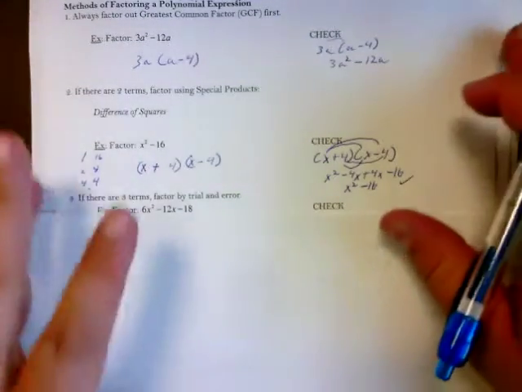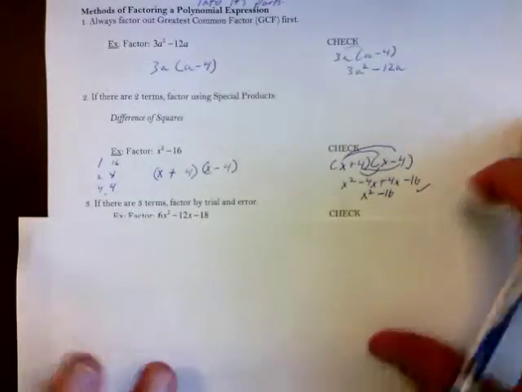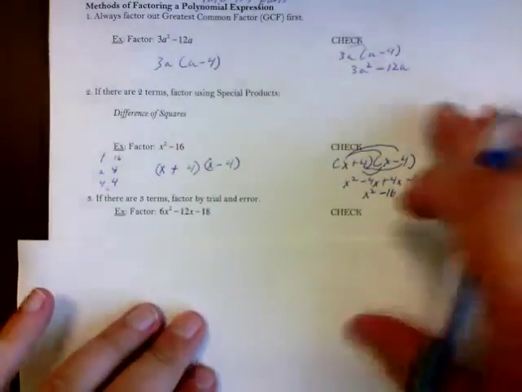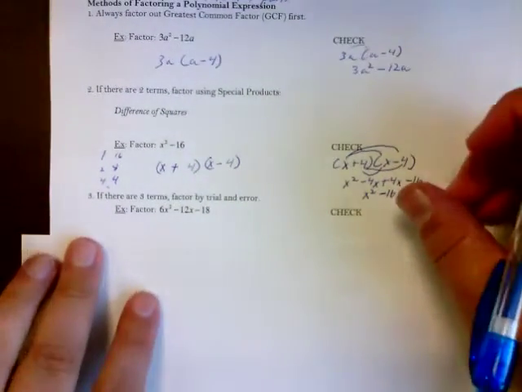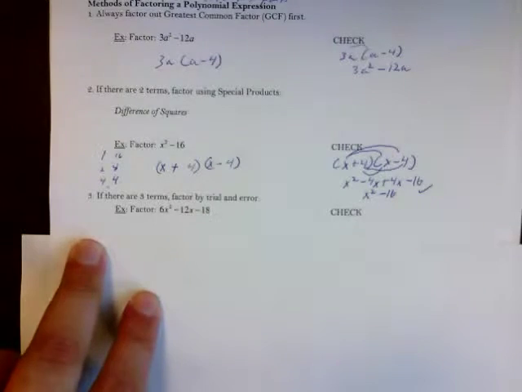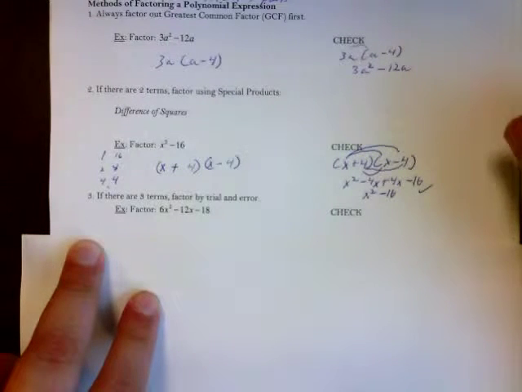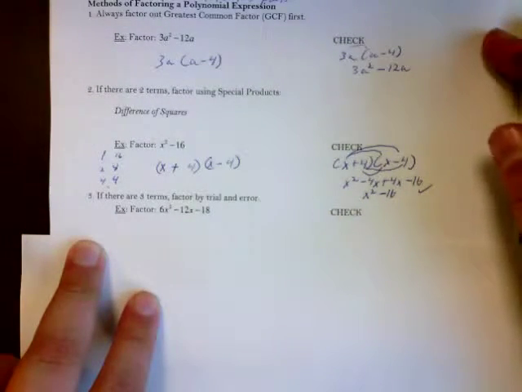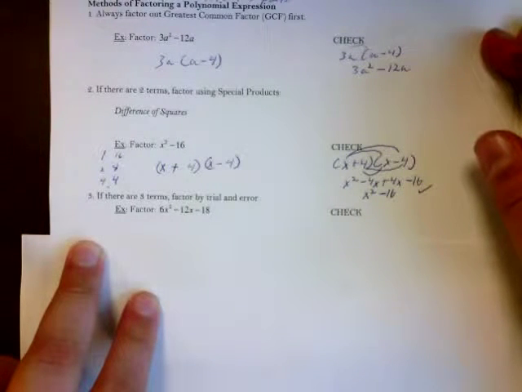Now the more typical is when you run into three terms, and we have to factor by trial and error. This basically means that we need to write down as much information as we can, and then go about trying to break this up into its parts. This is a good place where manipulatives come in, as you'll see in the other videos and in your online experience.